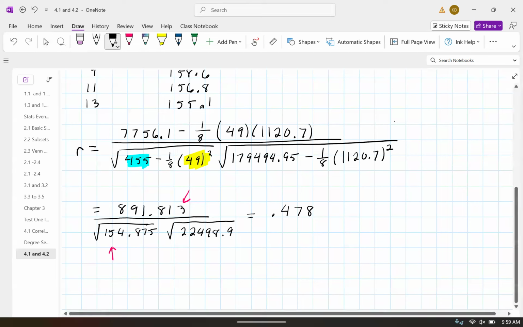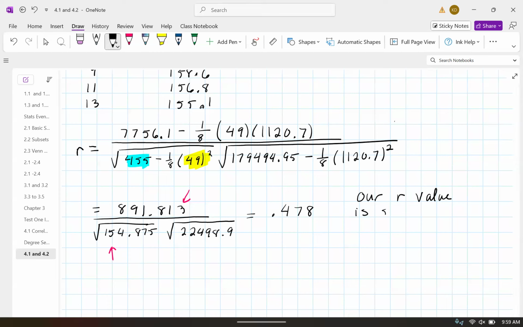Our data is not linear, or our data does not fit a line very well, however you want to put that.